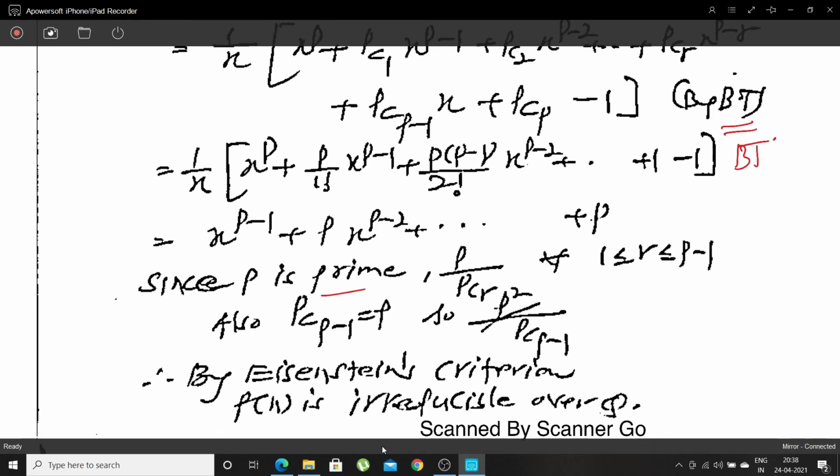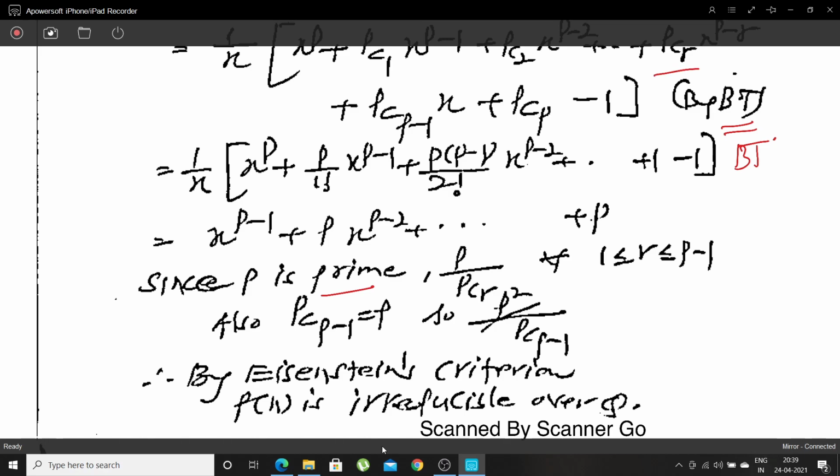Again, since p is prime, using the permutation and combination rules that we have studied in PU, p divides pcr, same as p divides a naught, because here we have pc1, pc2, pcr.